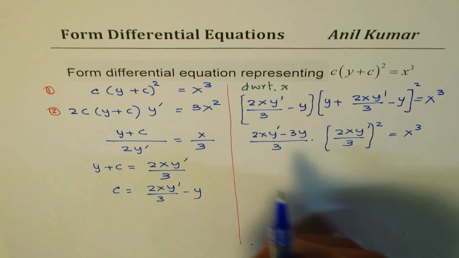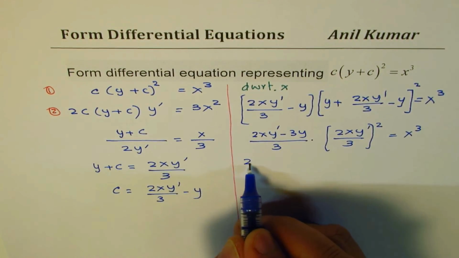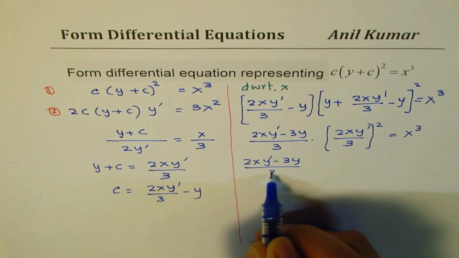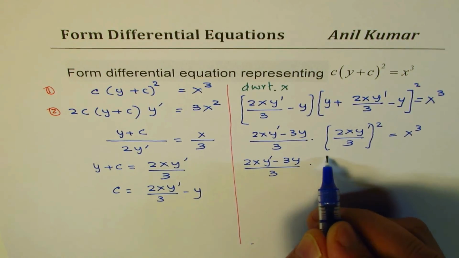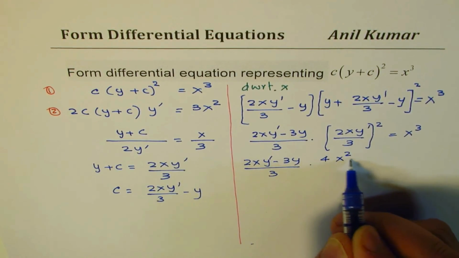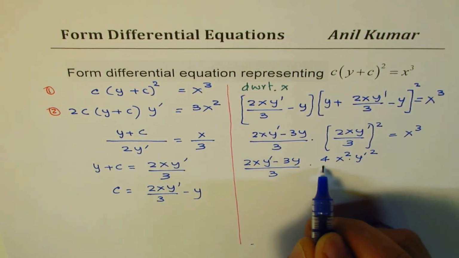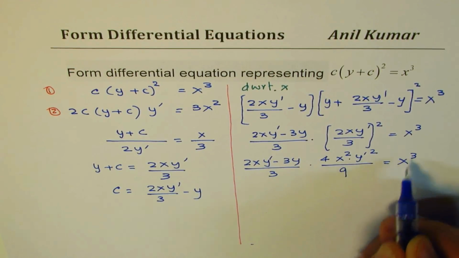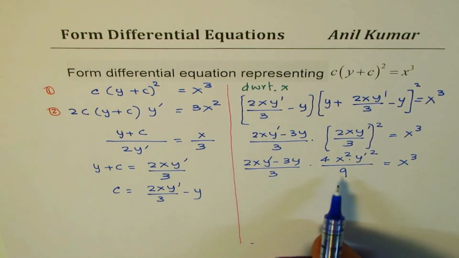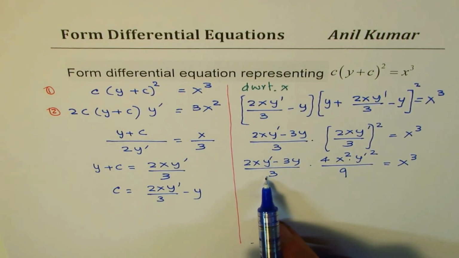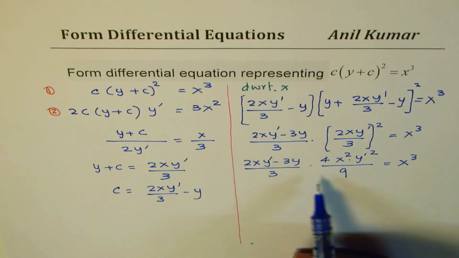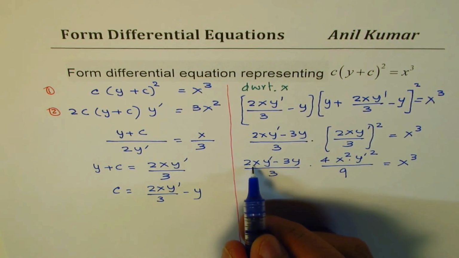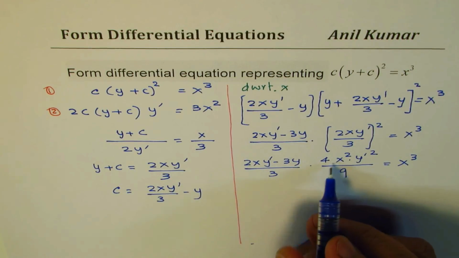Equals x cubed. Now that gives us (2xy prime minus 3y) over 3, and this is times 4x squared y prime squared over 9, equals x cubed. So that gives you 9 times 3 is 27, which we can take on the right side. So we'll multiply these terms all together.